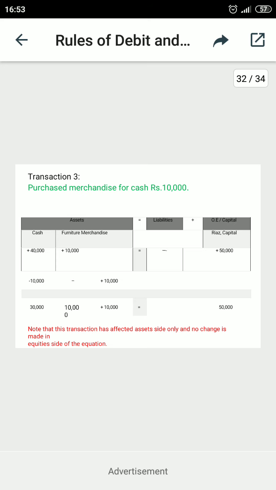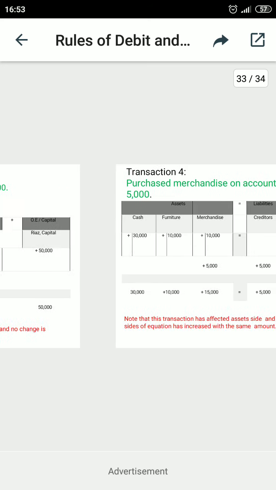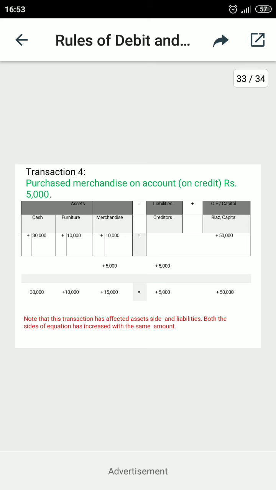I think these are the items which are giving you more clarity. Now come to the next example: purchase of merchandise, meaning stock, on credit. When it is on credit, it means the amount is payable to the suppliers. So again the stock is increasing. The first equation is the forwarded equation, and now the next one is reacting with 5,000.